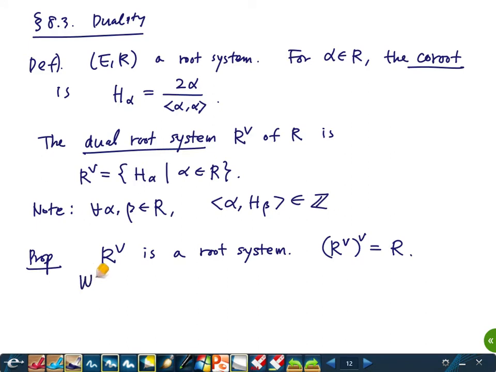Moreover, the Weyl group of R check is the same as the Weyl group of R. So if you take the dual root system, you may get some different root system, non-isomorphic to the original one, but the Weyl group will always be the same.